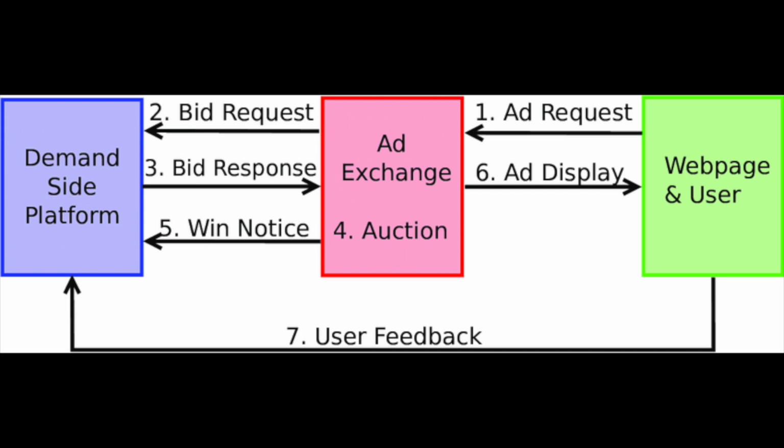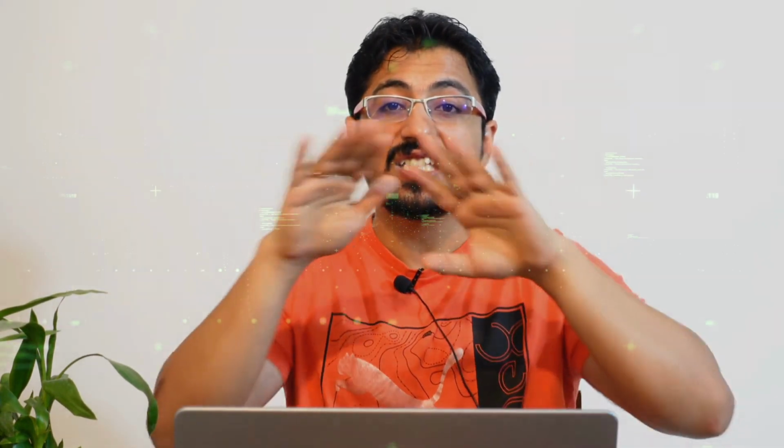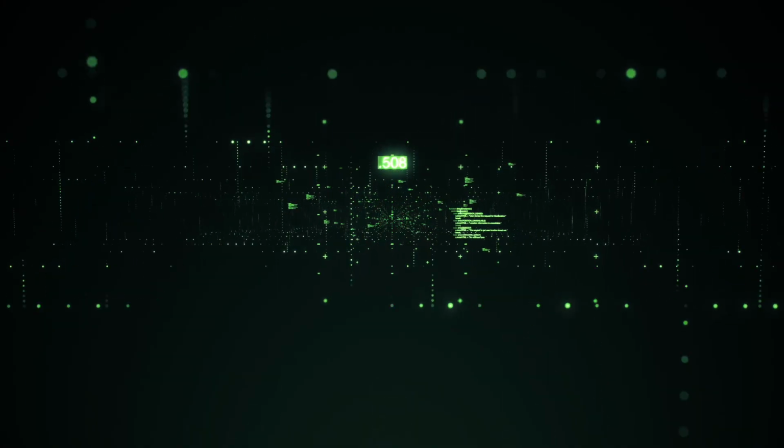Now within real-time bidding, all the buyers will analyze the bid requests and will share their bid responses. Bid responses will actually contain the ad and the price that they are willing to pay for that ad. And lastly, the exchange gets all the information from all the buyers, and it chooses the best ad, based on two criteria.